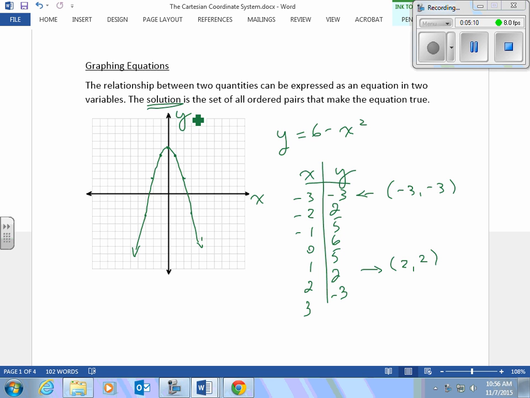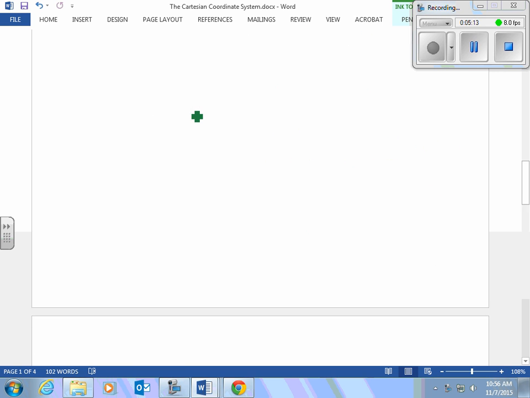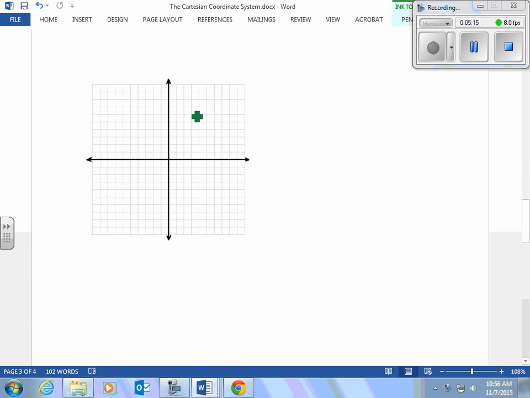Let's do one more example. If you have y equals the absolute value of x plus 2, we can again set up a table of values where we're choosing values for x, and again, let's go from -3 to +3. Let's calculate what our y values will be. The absolute value of -3 is 3, plus 2 gives me 5.